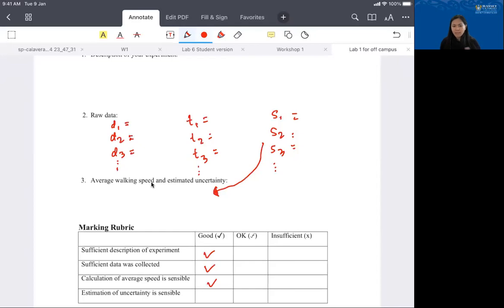And then estimate the uncertainty. You can look at your average speeds and ask, how confident am I? What's the variability in my speed? Maybe your speed ranges over, there's a difference of 0.1 meter per second or whatever. And that's what you put as your estimated uncertainty. And that should give you full marks for that criteria as well.